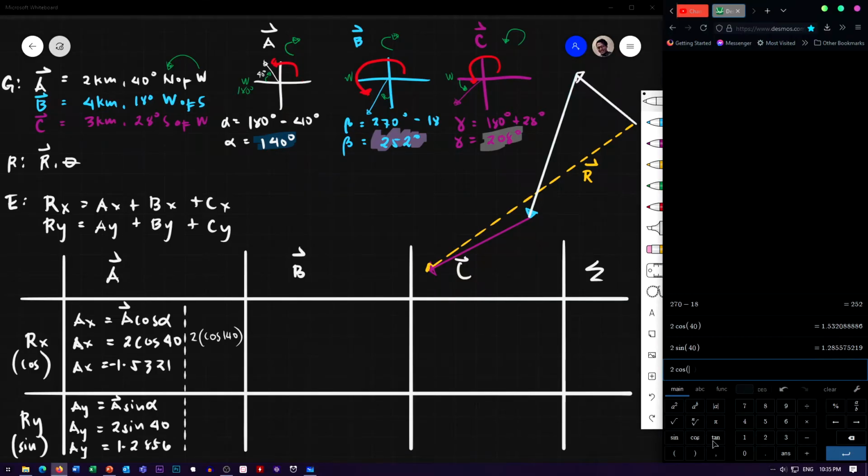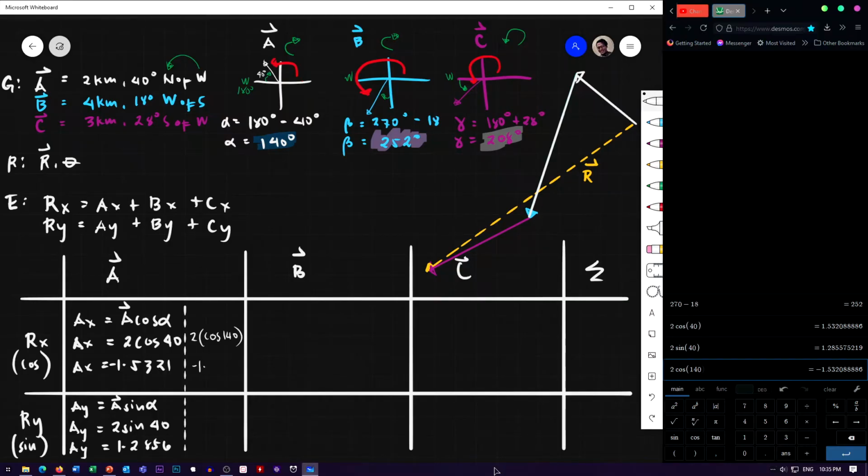2 cosine 140. There. Can you see? It's automatically written as 1.5321, with the negative sign, without actually trying to look back on these values. Okay? So how about we try it on this one? So this will be 2 sine 140.